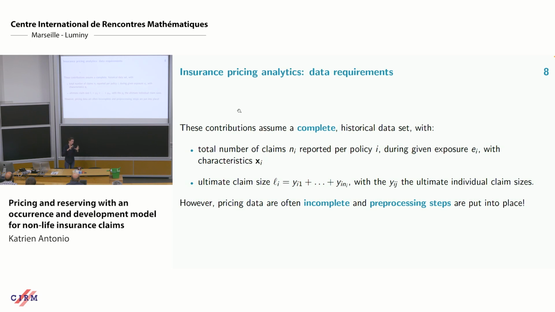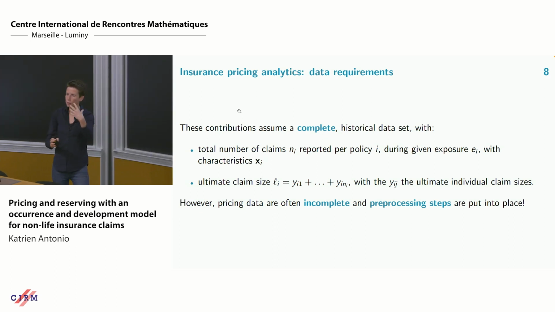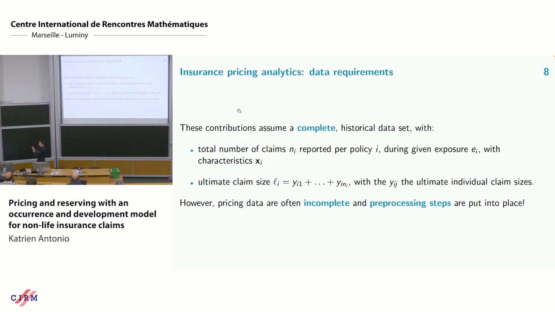So what if some individual claim sizes are right-censored because the claim has not settled yet? So if you're facing a data set with that kind of incompleteness, so underreporting of the number of claims on the one hand, and then some right-censored claim sizes on the other hand, what can you do then as a pricing actuary? So what are a few ideas to do there?